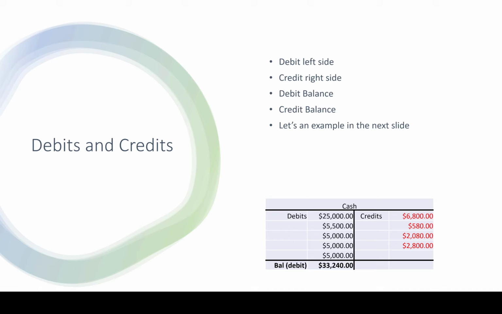In future slides, I'm going to show you when we are going to have a debit balance and when a credit balance. I will give you an example. Let's have a look here.